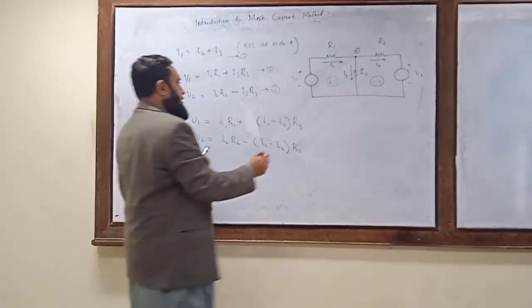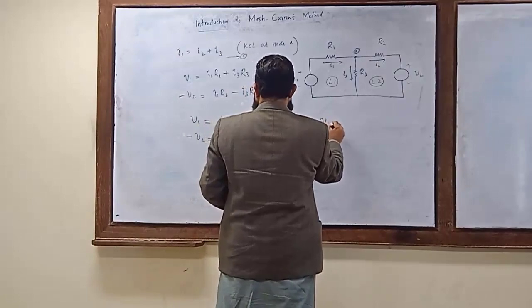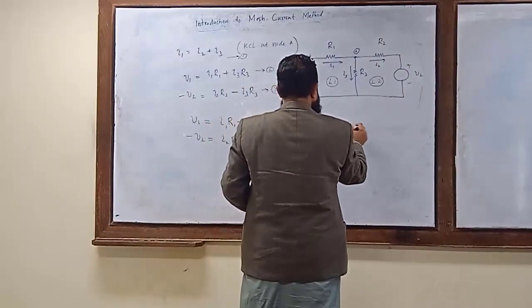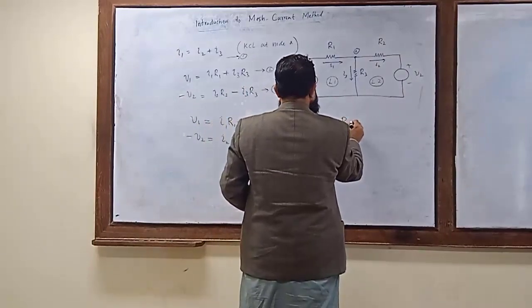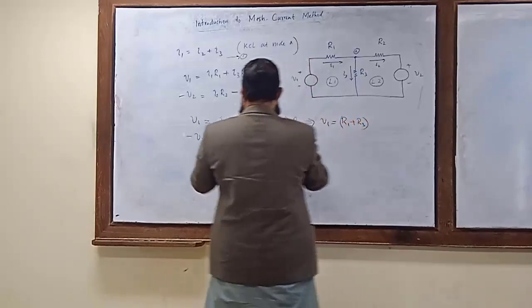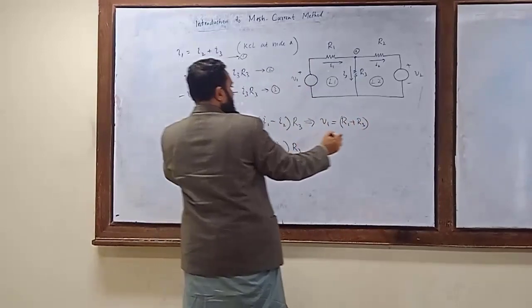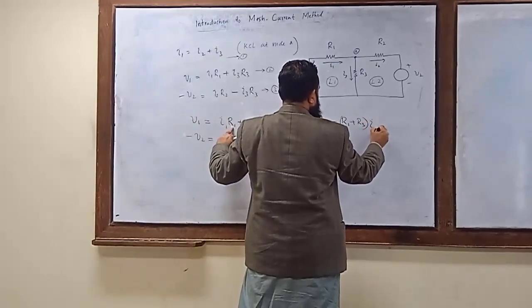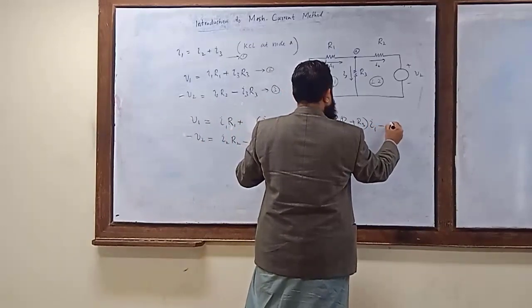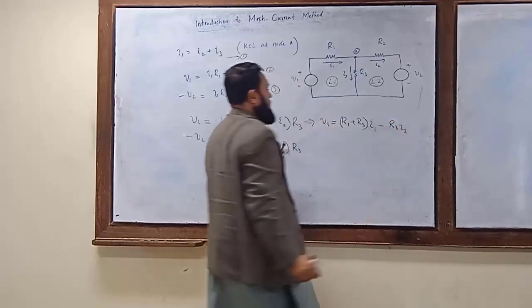Okay, and after further simplification, we have V1 is equal to R1 plus R3, just adding the two resistances, because I1 is there, so we can write this as R1 plus R3 times I1, and minus R3 I2.